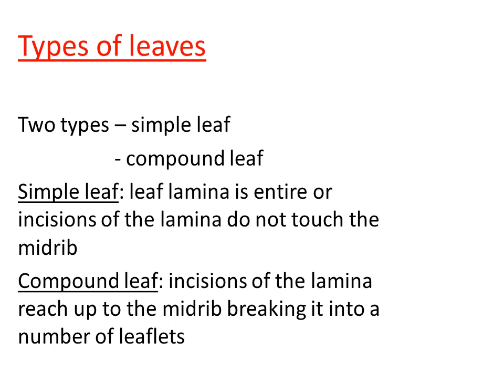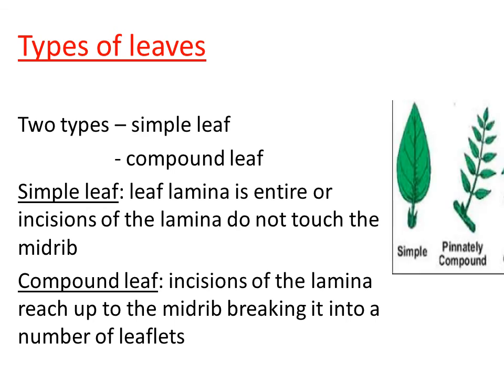Can you give me any example of a compound leaf? One of the best examples of a compound leaf is the neem leaf, or you can also give the example of curry leaves, right? The first diagram on the screen is the simple leaf. The second diagram is the compound leaf. Understood, right? A simple leaf is a leaf where the leaf lamina is entire. You can observe in the first diagram, the leaf lamina is entire and the incisions of the lamina do not touch the midrib in a simple leaf.